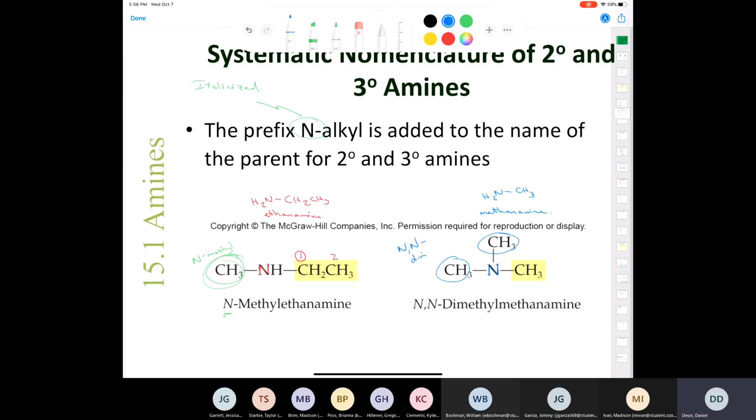So this is N,N-dimethylmethanamine, like that. Now again, these are IUPAC names. We're going to look at common names in a second, because if you worked in a lab, Johnny, with another chemist and you said, pass me the N,N-dimethylmethanamine, they would be able to figure out what it was, but they'd be like, what? What is that?